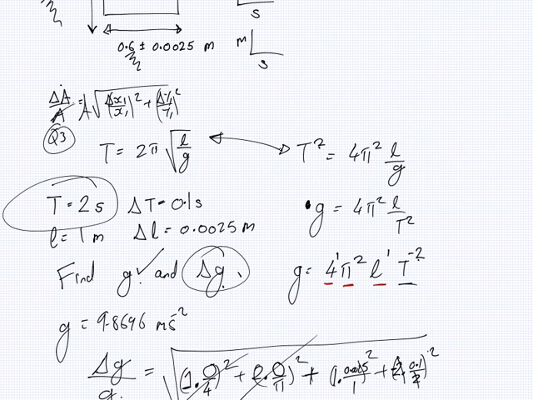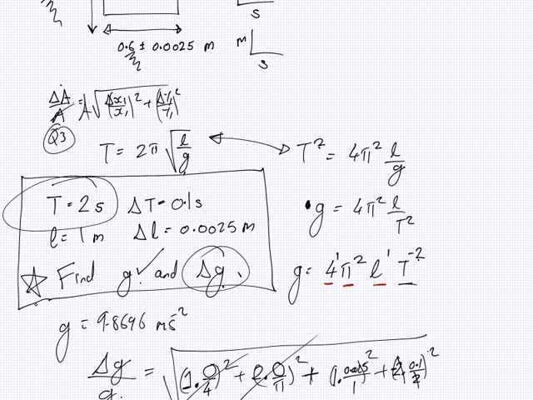Because I want G. Because that was the question. If you only learn that equation, not squared like that... But I need the G. Yeah, but when you learn it, it's only square root of L over G, so can you square?